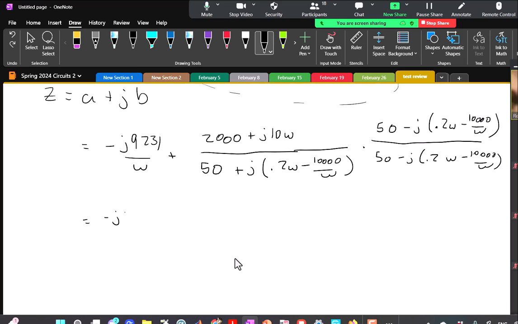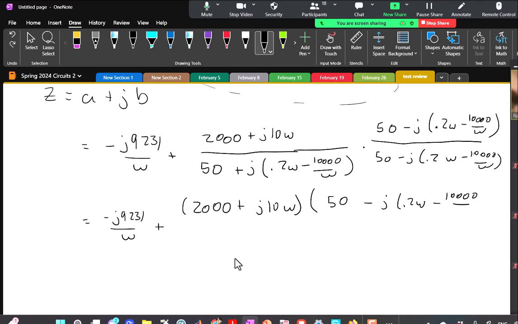Which is minus j9231 over omega. And then plus 2000 plus j10 omega times 50 minus j times 0.2 omega minus 10,000 over omega, all over 50 squared.